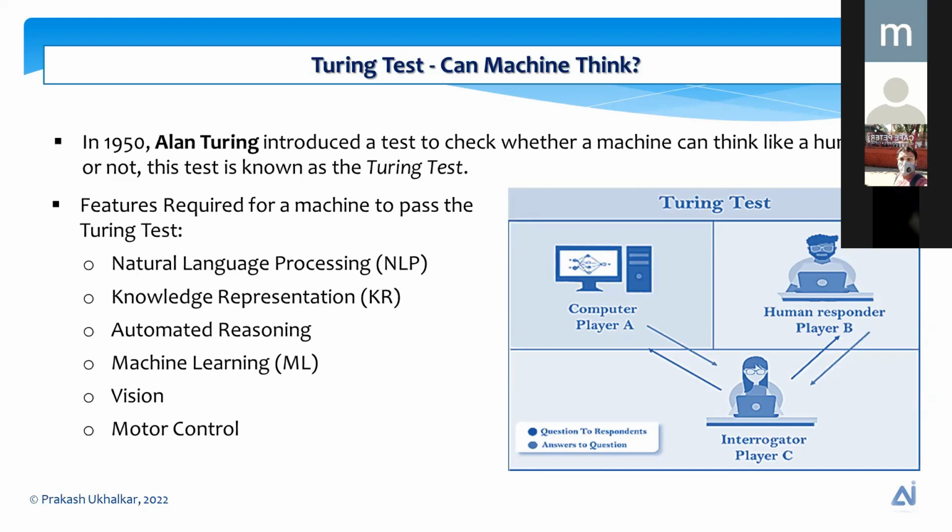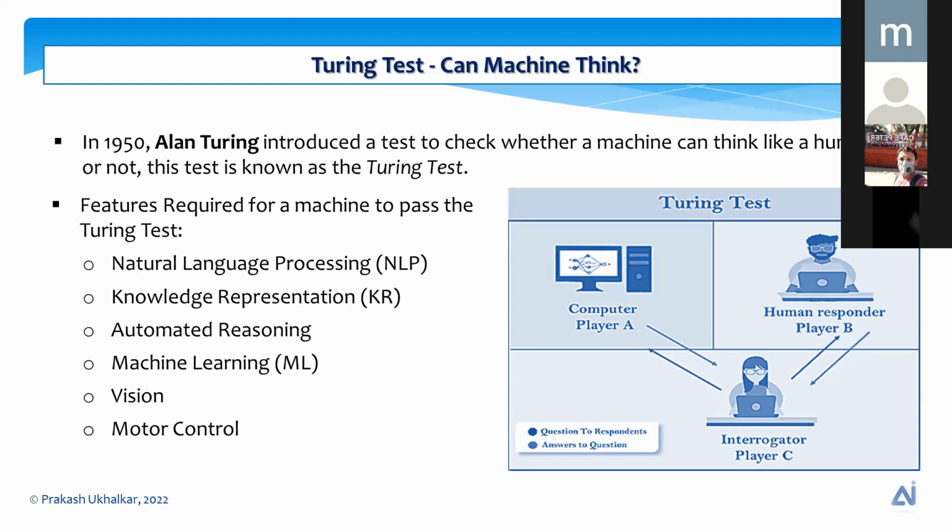Player A is a computer, player B is a human, player C is an interrogator. So the interrogator is aware that one of them is a machine, a computer, but needs to identify it on some basis, on some logic, by asking some questions and observing the responses, who is the machine and who is the human, right?